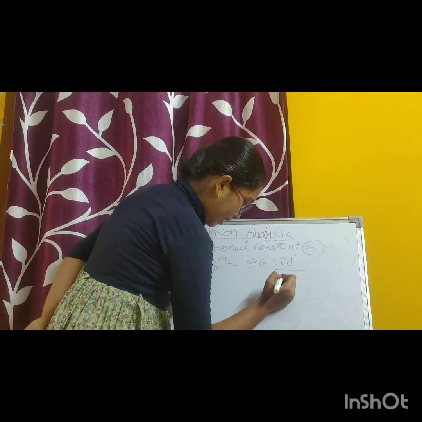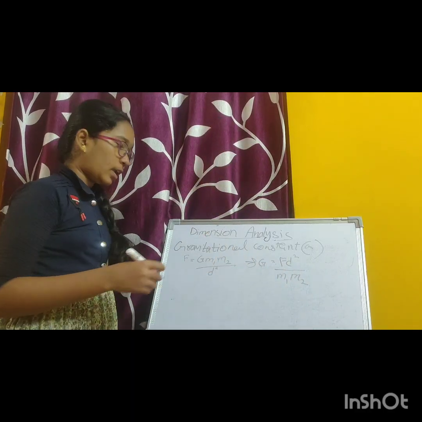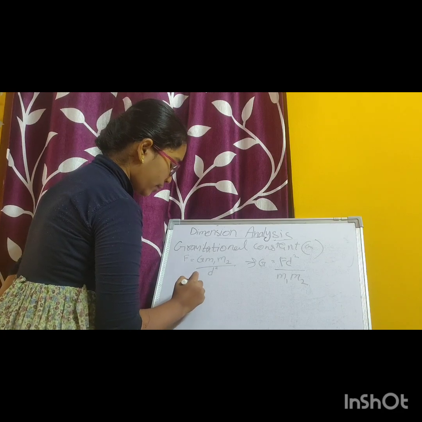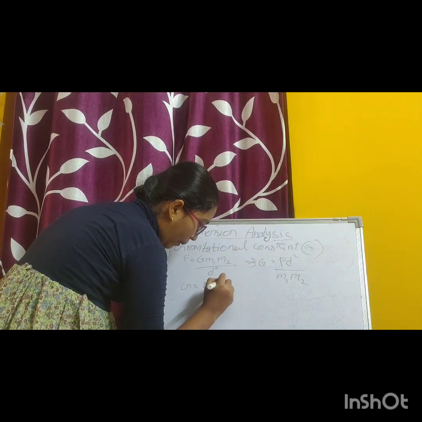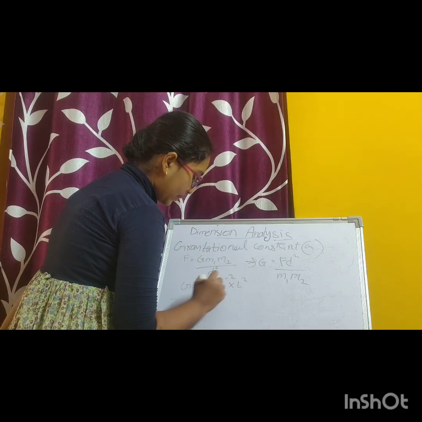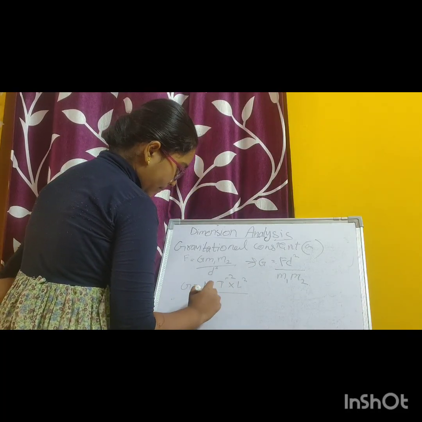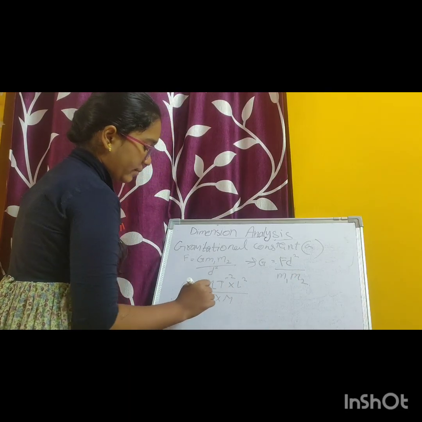So G is equal to, we do know the dimensional formula of force, which is M L T power minus 2, and for distance it's L, so L square, and for mass it's M into M. This M and this M will get cancelled.